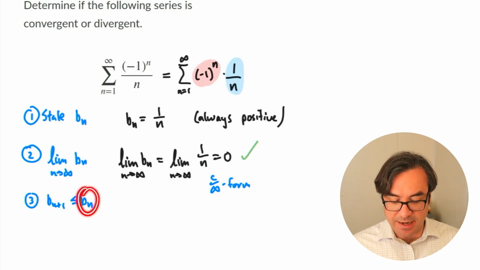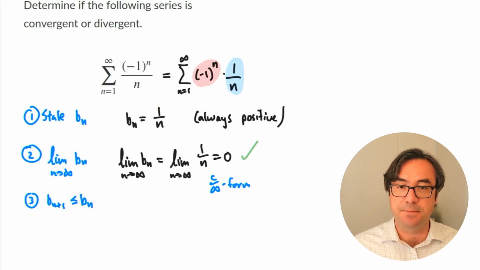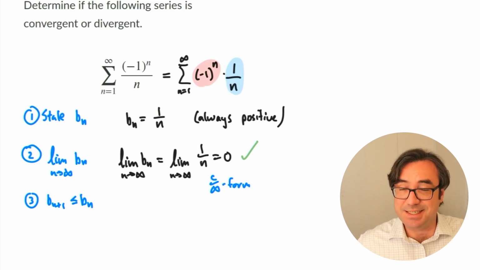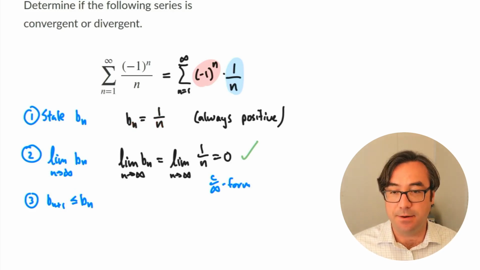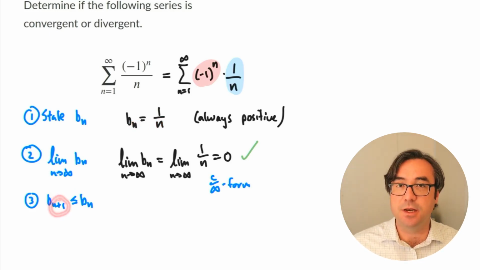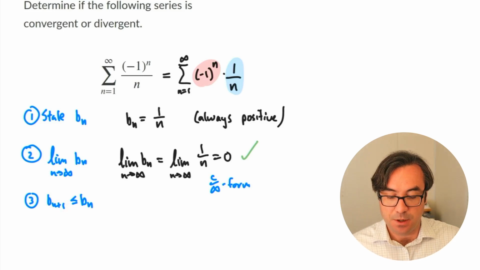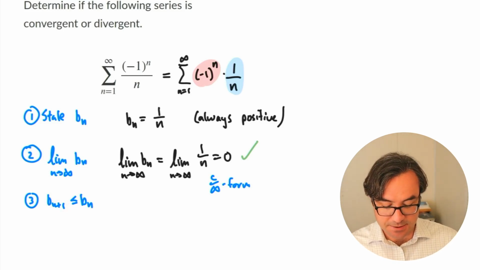We know Bn is just 1 over n. You can think of this like a function: we're plugging the number n in, and we get 1 over n. So what happens if we plug the number n plus 1 in? Well, we're going to get 1 over n plus 1.